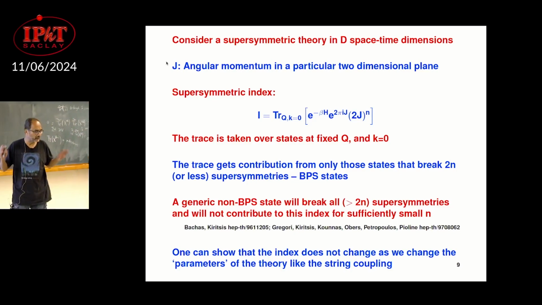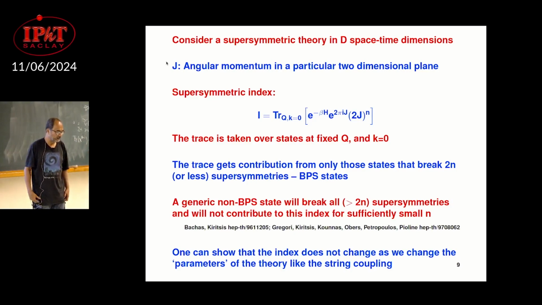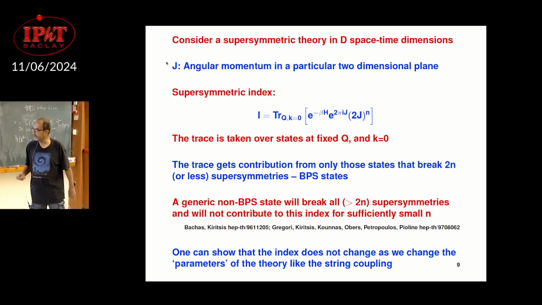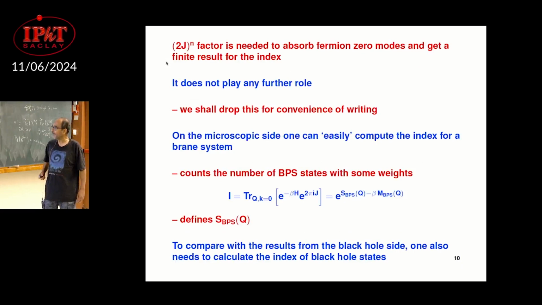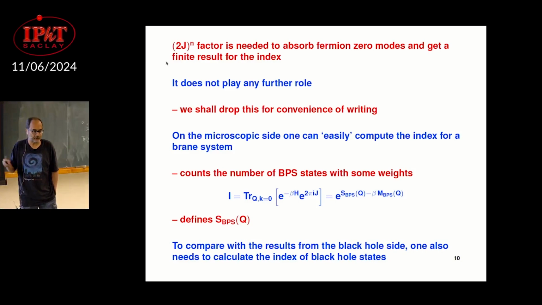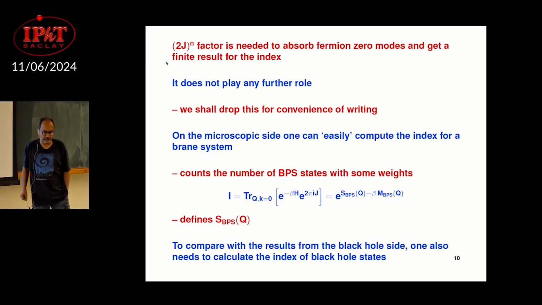But today we will be considering the viewpoint of asymptotically flat space-time, so you have to put this (2J) to the n. But as we'll discuss, this has a very trivial role to play. This factor is put in the trace because, as I said, if you don't put it, then the BPS states also don't contribute to the trace, only the ground state contributes.